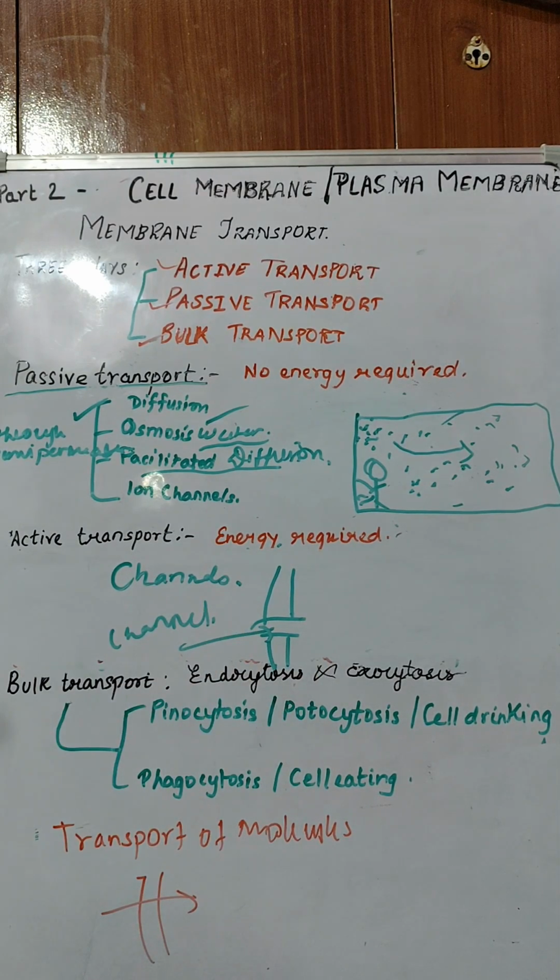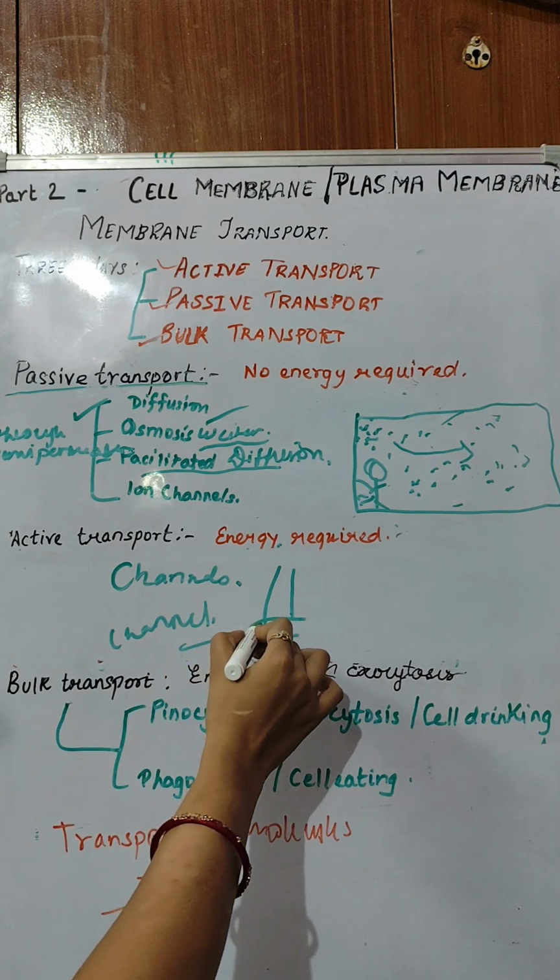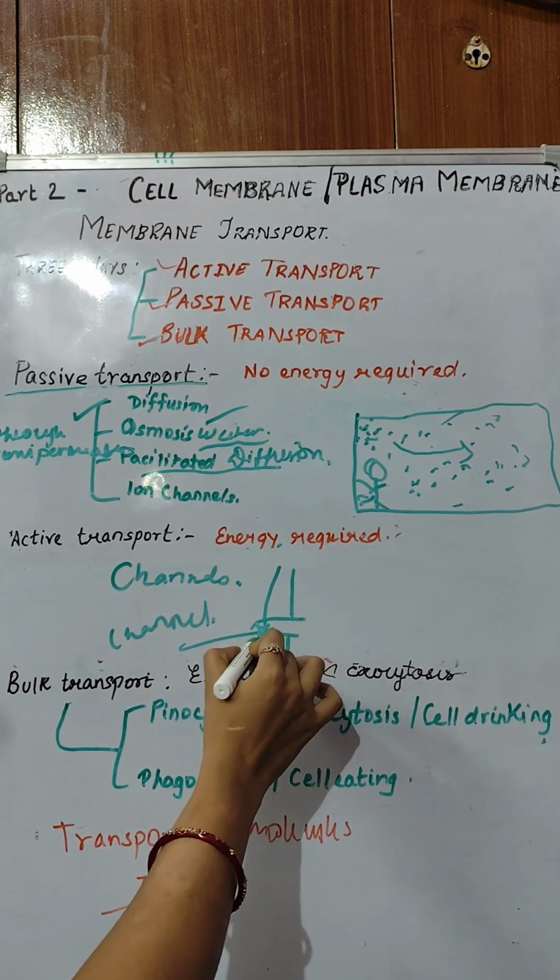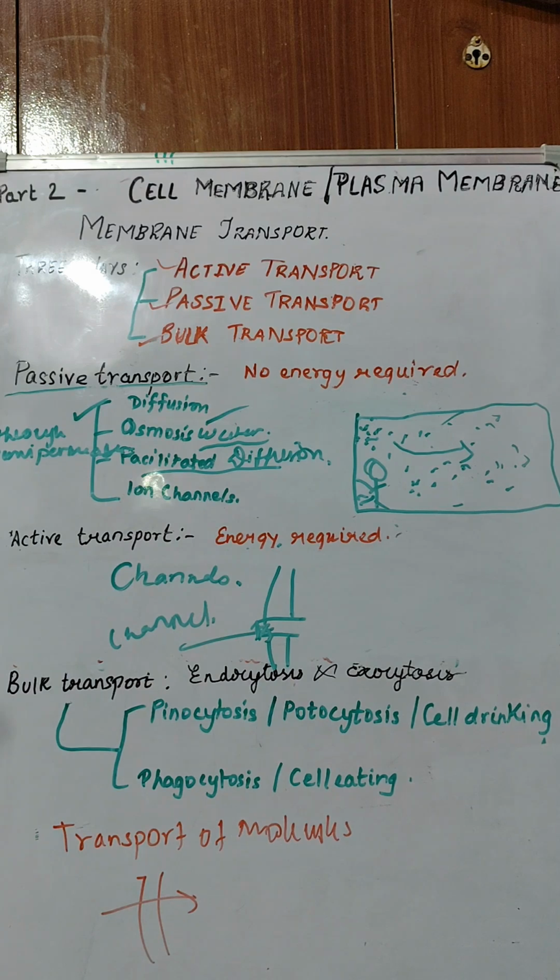This channel can be gated also, meaning it can have some gate-like structure, so the channel will not always be open, sometimes it will be occasionally closed also. So if diffusion takes place through this channel, then it is known as facilitated diffusion.